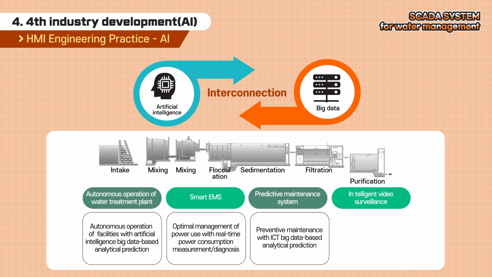The predictive maintenance of facilities is a work environment where preventative maintenance of water treatment-related facilities is possible through big data-based analytical prediction. And the intelligent video surveillance is a system to provide a safe management work environment based on the real-time monitoring and analysis using intelligent video technologies.